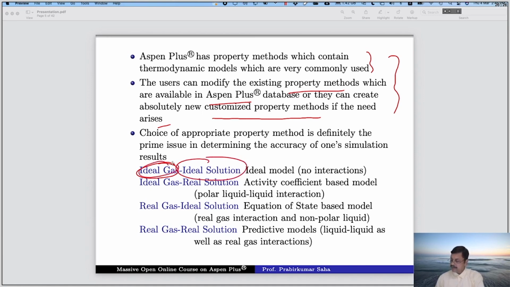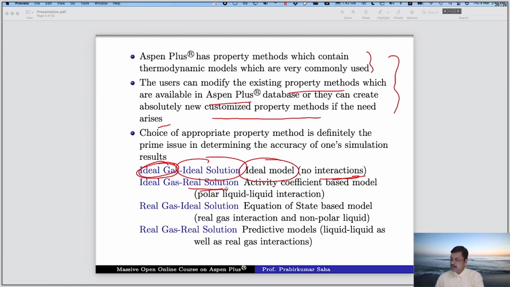That means when there is no intermolecular interaction, in that case, we can use an ideal model property method. But the moment there is some interaction between two liquids, especially for a real solution, that means when some polar components are present in the solution, then definitely there will be some liquid-liquid interaction.